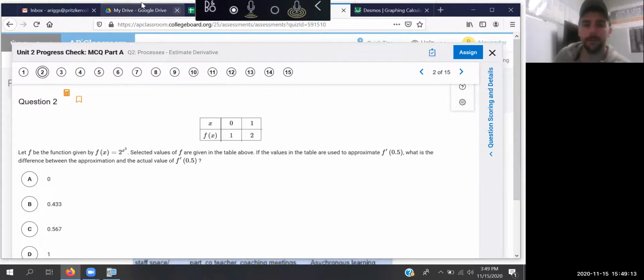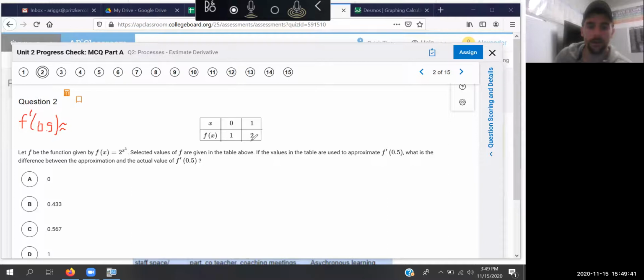And a reminder that if I want to approximate any derivative, any rate of change, what I can do is find just the slope between points that surround that x value. So 0.5 is between 0 and 1, and I want to approximate that. What I could do is this. I could say, okay, f prime of 0.5 is going to be approximately just y2 minus y1 over x2 minus x1 of the surrounding x values, which luckily I have in that table of values.